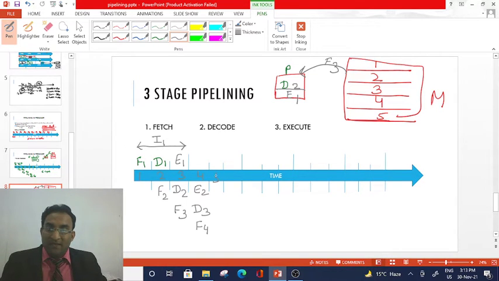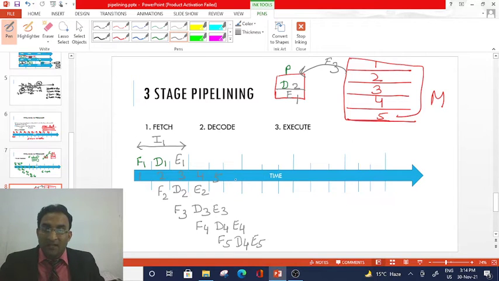In the fifth cycle, execution of the third instruction will be completed, decoding of the fourth instruction will be completed, and the fifth instruction will be fetched. What is remaining is the execution of the fourth instruction, and when it is going on, decoding of the fifth instruction starts.